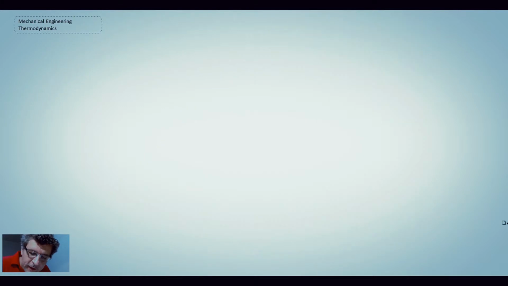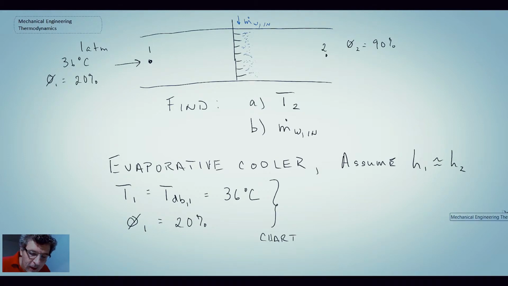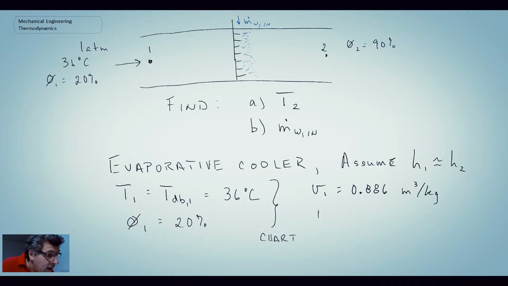Let's return back to our problem. So we have specific volume at 1, 0.886, and that's meters cubed per kilogram. And then we have specific humidity at 1, 0.0075. I'm going to use those in order to determine the mass flow rate of dry air coming through our system.